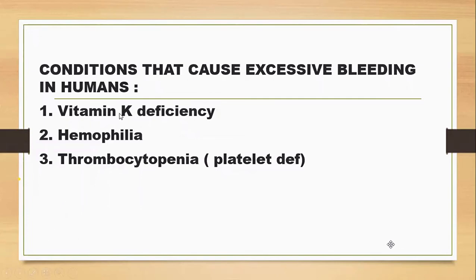If you are not producing enough vitamin K, the liver will also be deficient in producing prothrombin. Then another condition is hemophilia. This is a familial disease. And then thrombocytopenia, or deficiency in platelets. This will be discussed one by one.